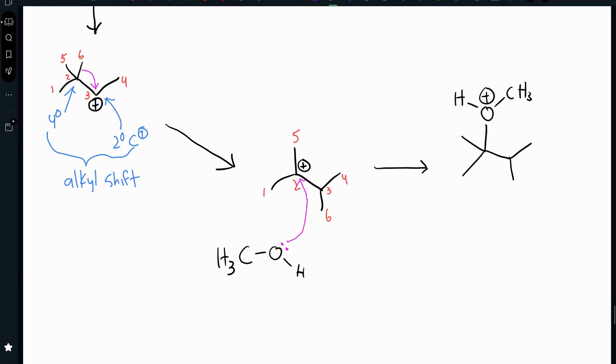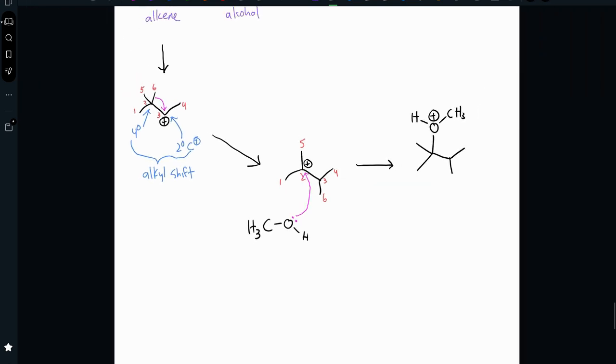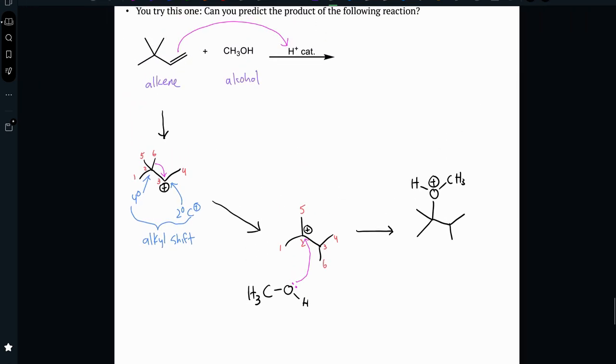And that'll give me an intermediate that looks like this. Now this seems like we're getting close to a product, but I still have that very acidic proton.